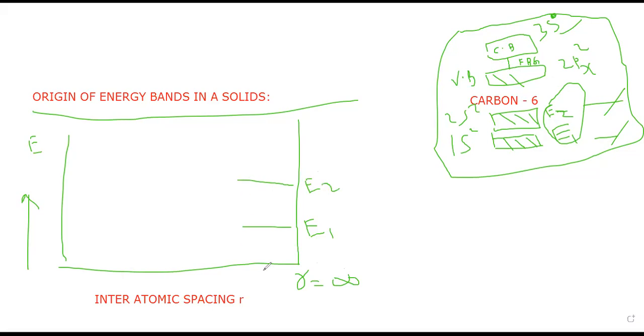Next, if we decrease the interatomic spacing R, this decrease is observed due to intermixing of atoms in a solid.